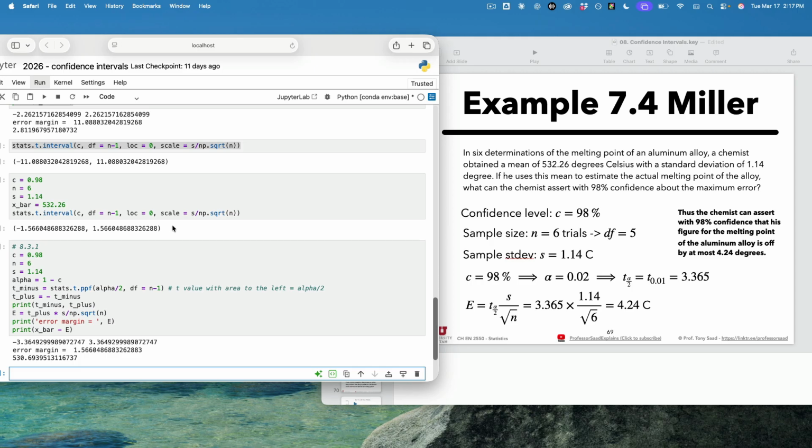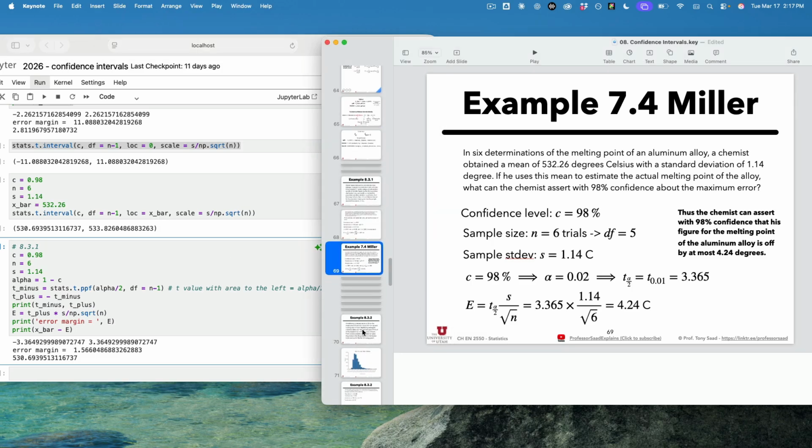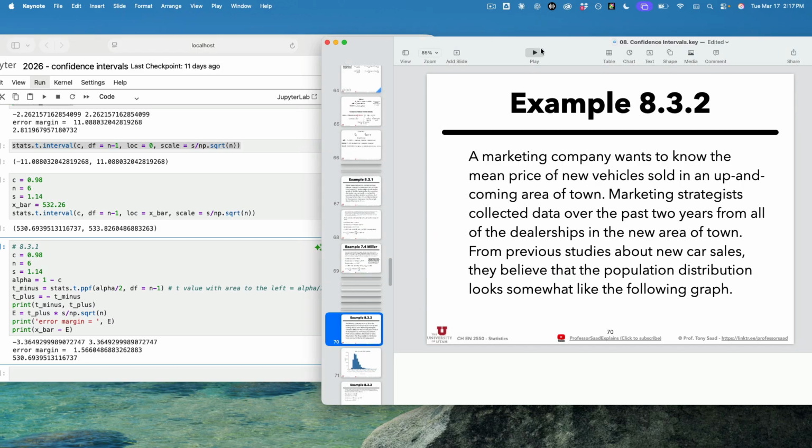And the melting point with 98% confidence, if I put X bar over here, is going to be between 531 and 534 degrees C. Yeah, there's a typo over there. Got to fix that. Okay. Slides are wrong.